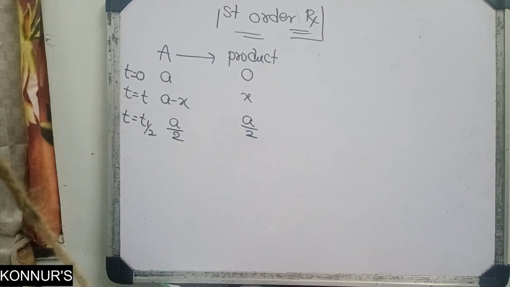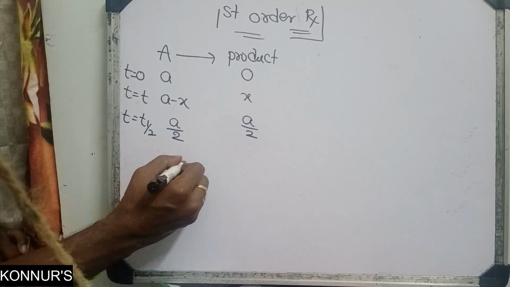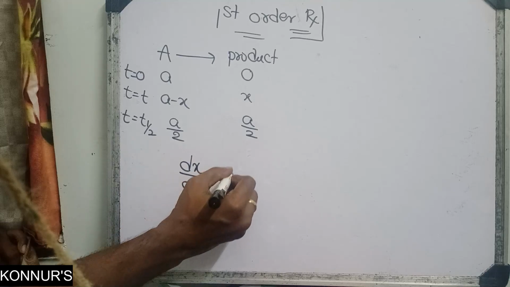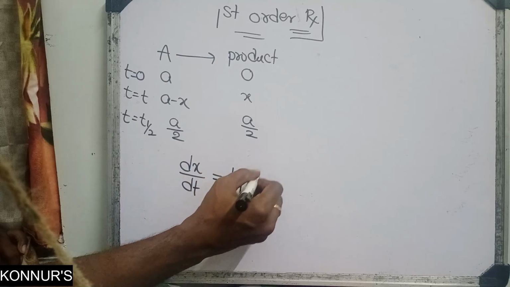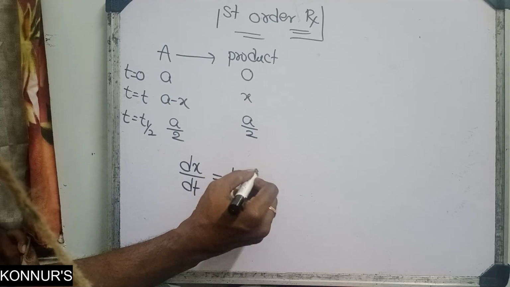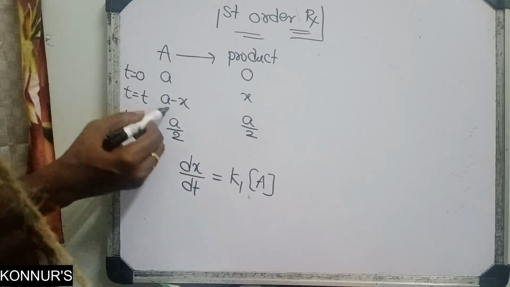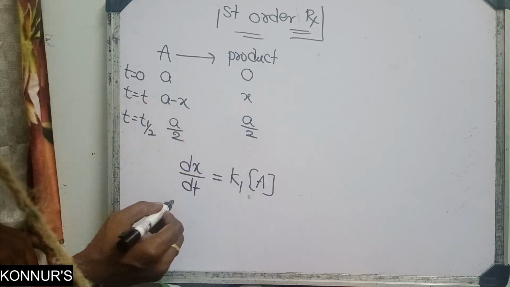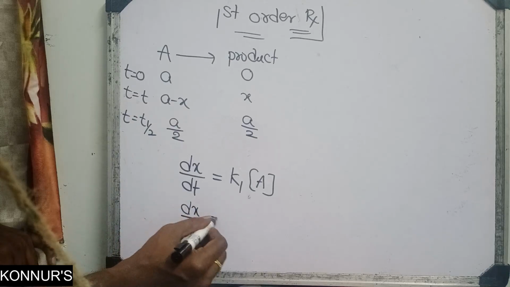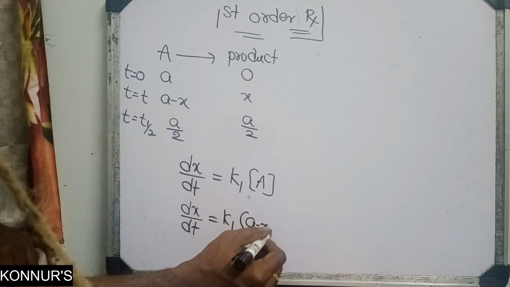Now write the integrated equation. dx by dt equal to K1 into the A concentration. At a particular time, the A concentration is A minus x. So dx by dt equal to K1 into A minus x.